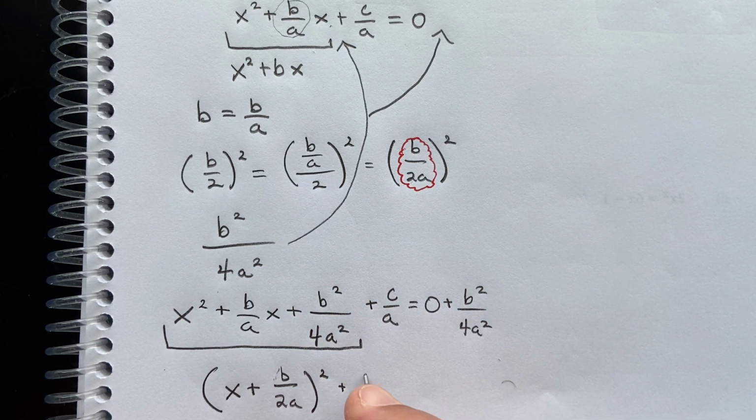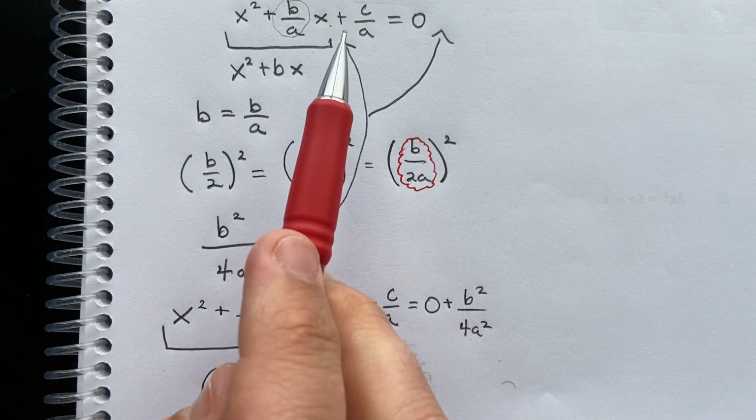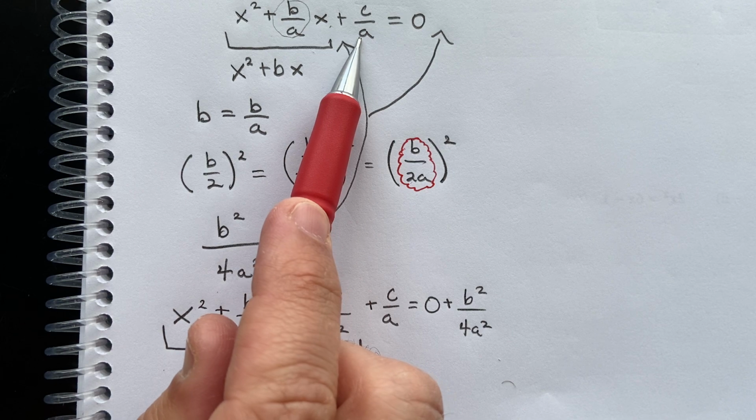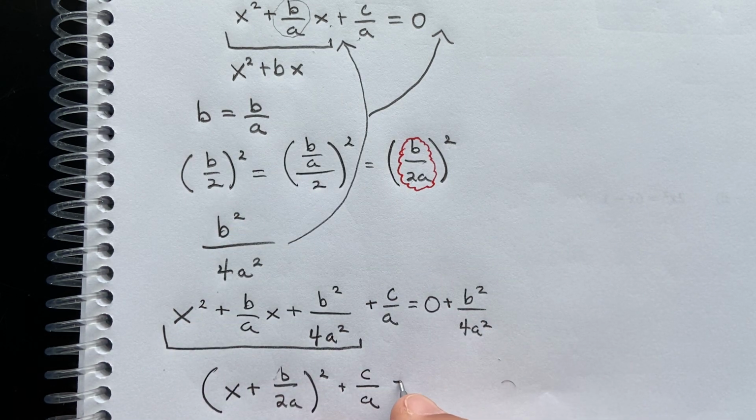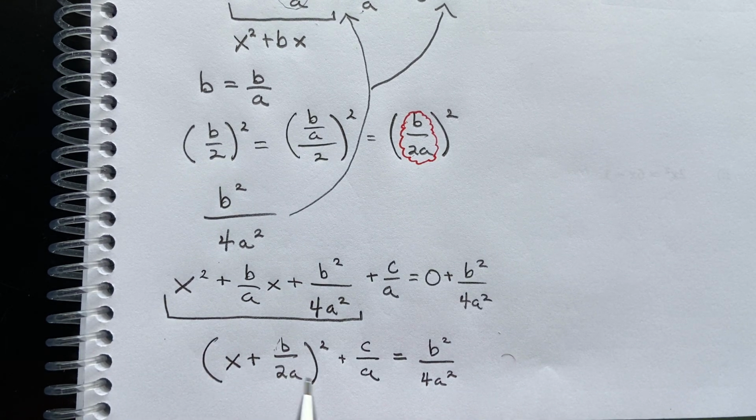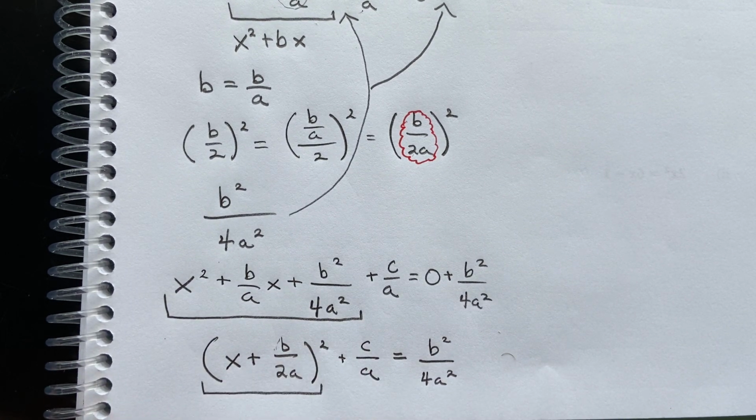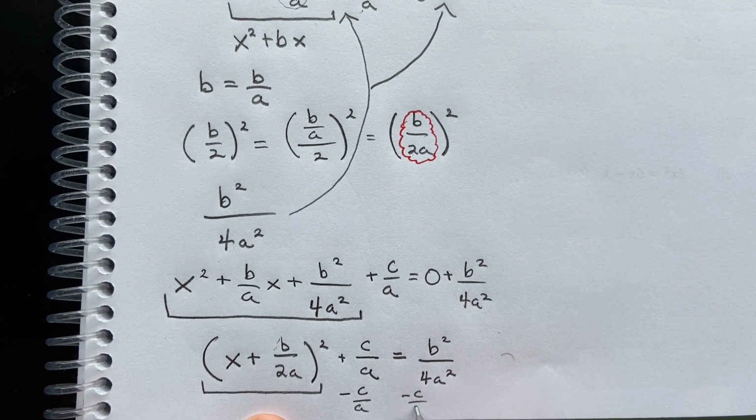This is now plus c over a, right? We still have c over a there, equals b squared over 4a squared. So now here we are. I want to isolate this thing so that I can apply a square root. So I'll subtract c over a from both sides.